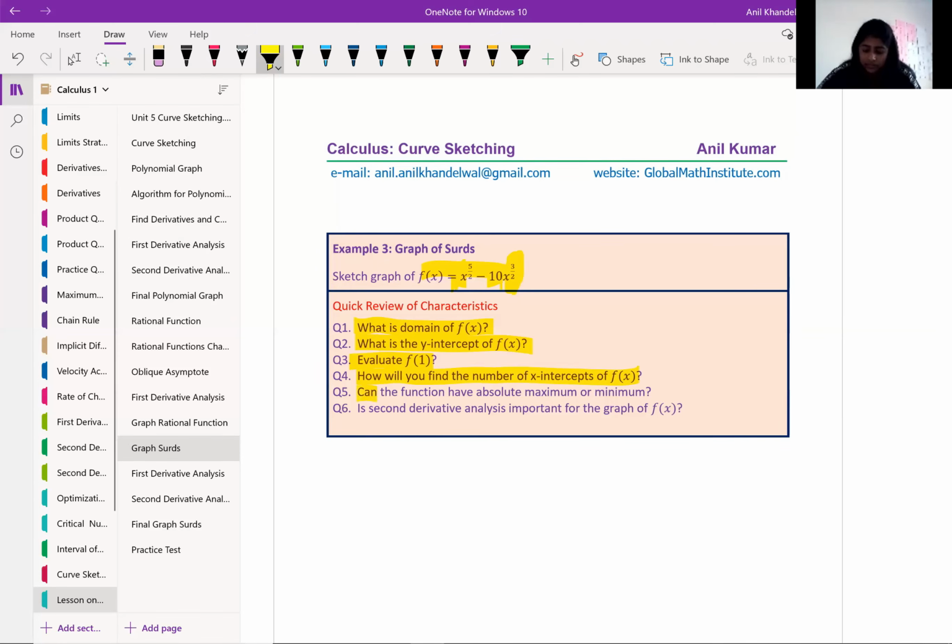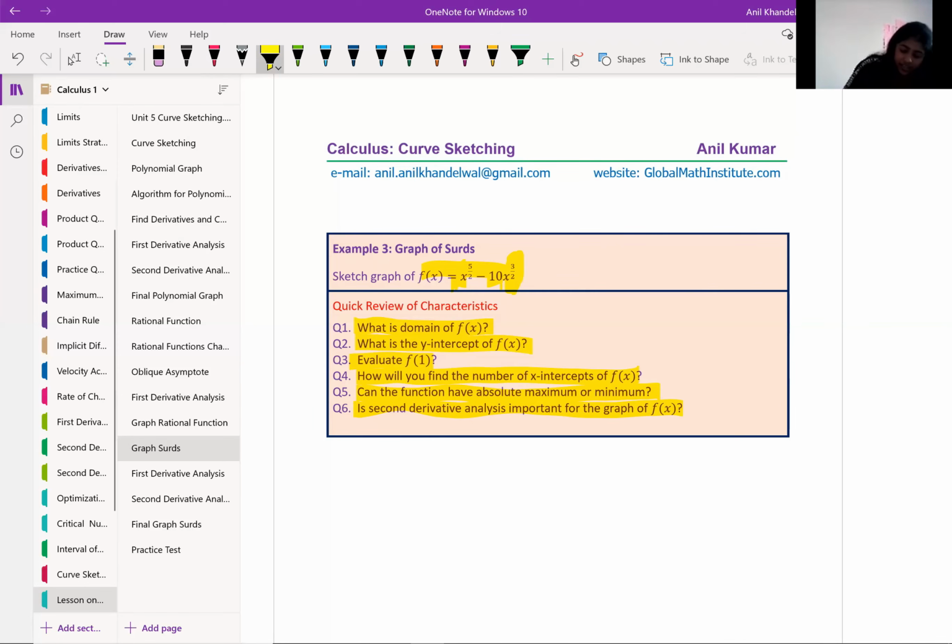Now, can the function have an absolute maximum or minimum? Yes. These functions can have an absolute maximum or minimum. That means the range of the function may be restricted, right? Is the second derivative important for this function? Yes. Whenever we have turning points like this, for a radical function the second derivative is very important.